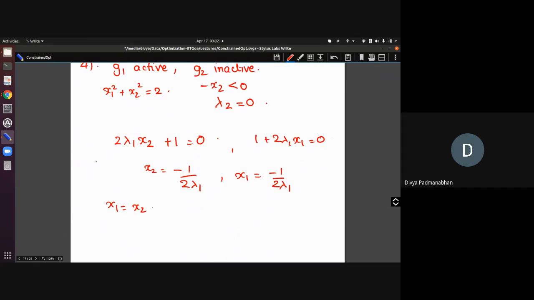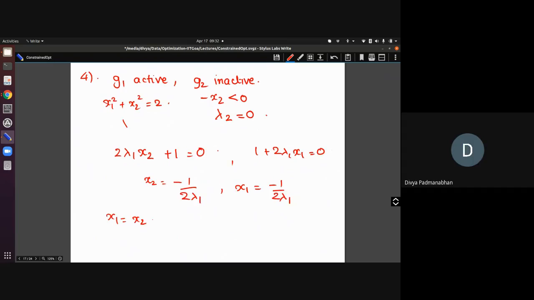Now, lambda 1 has to be greater than or equal to 0, and x2 is also greater than 0 in the G2 inactive case. Since x2 is -1 by 2 lambda 1, this is also not possible. Yeah, that's one way to see this.